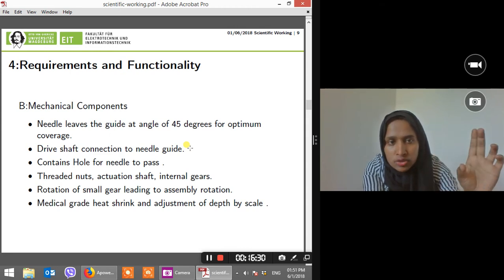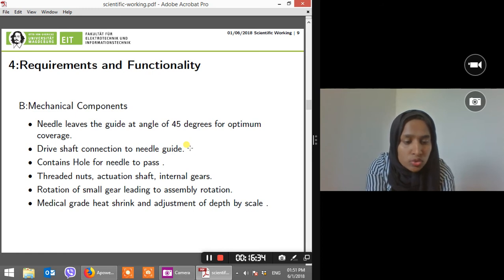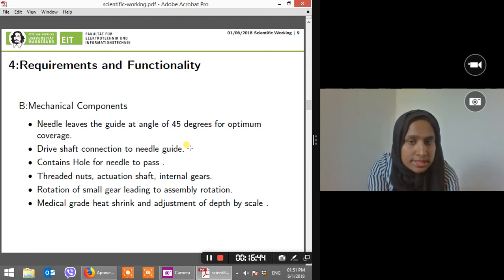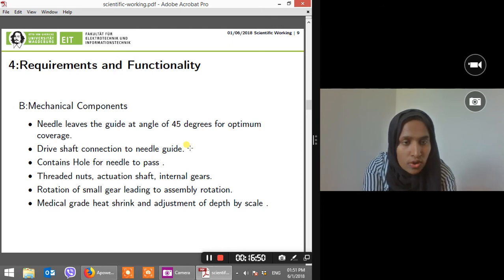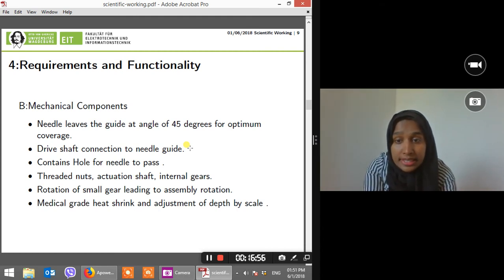All this actuation of the threaded nuts is provided by the bore of an MR scanner. Now the rotation of the small gear leads to the whole assembly rotation, and the needle guide knows when it has to exit the needle from the needle guide. Okay, medical grade heat shrink.